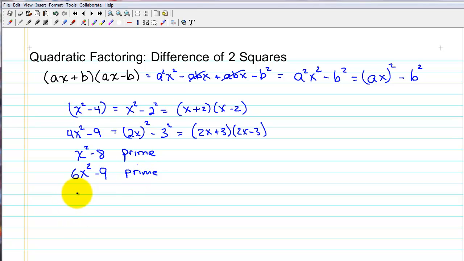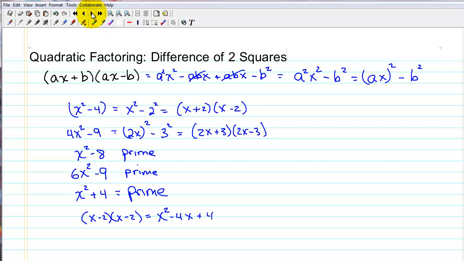And another common mistake is if we had x squared plus 4, that is also not factorable because that's not a difference. And you can try on your own. You could say, well, maybe it's x minus 2 times x minus 2. But if we FOIL that out, we're going to get x squared minus 4x plus 4. That's not the same as this. So a sum of two squares is also always prime.